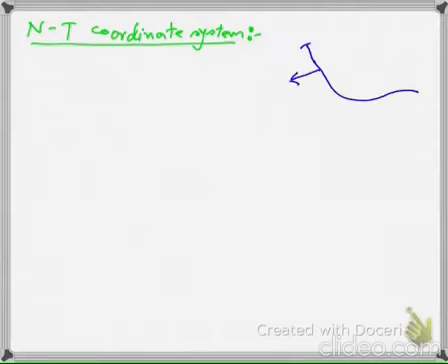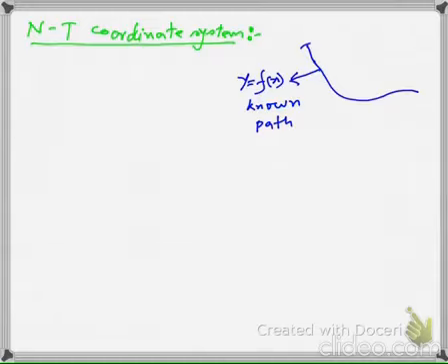If we know the path, for example, the path is y equals a function of x. You saw in the previous problem we said y equals x squared plus something. So if it is a known path, then it is easier to describe motion in normal and tangential components instead of Cartesian coordinates.